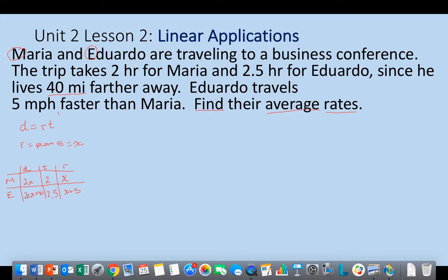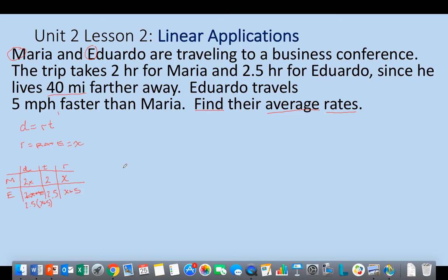So, sorry, the distance here that Eduardo travels is not 2x plus 40, it's distance equals rate times time. So 2.5 times x plus 5.